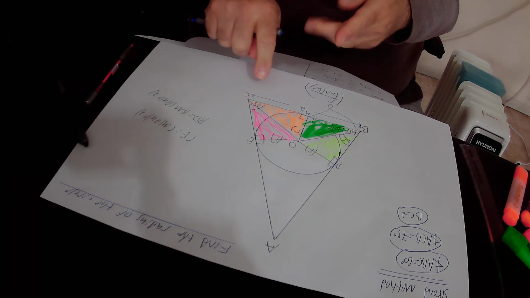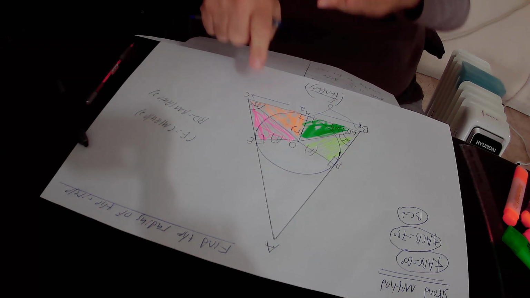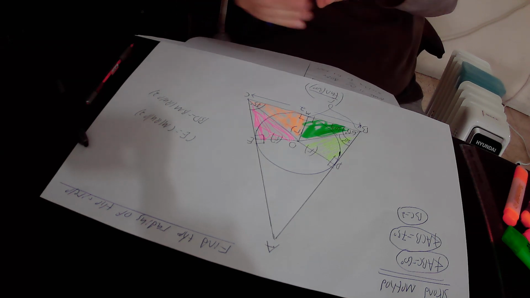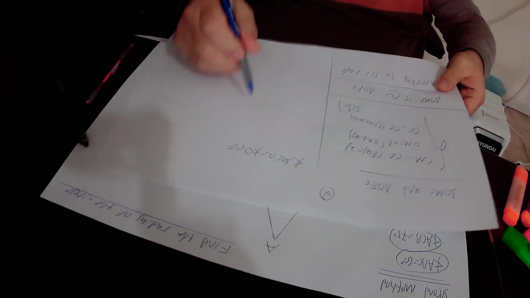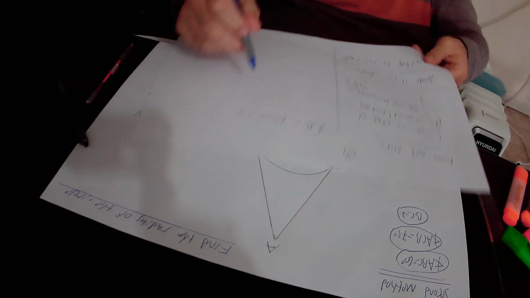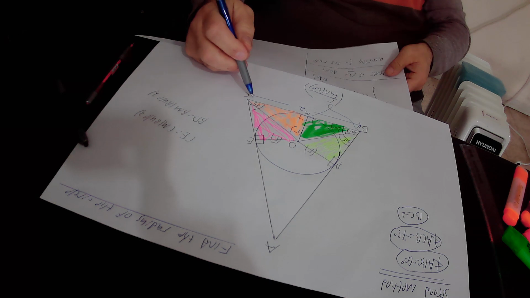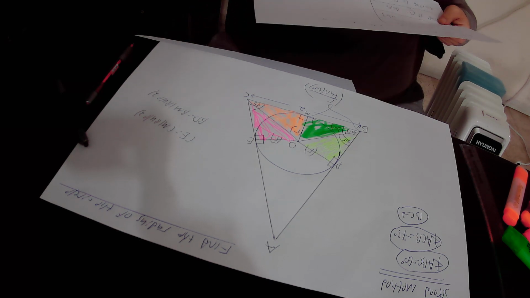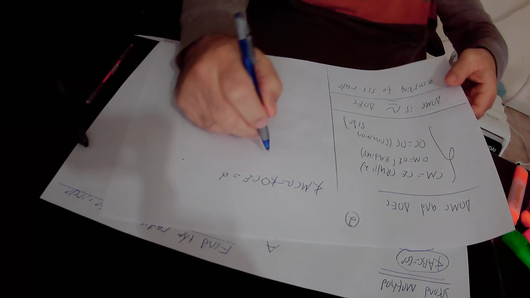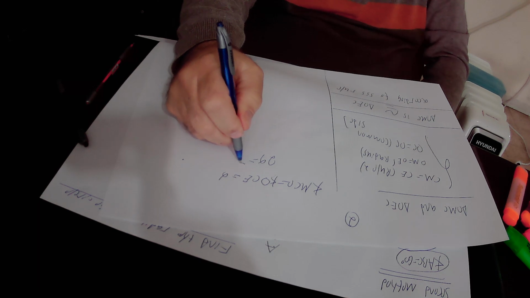So if we define one of those angles as alpha, then the other angle must also equal alpha because they are equal to each other. Okay? So alpha plus alpha must equal 75 degrees according to what is given in the question. That is to say 2 alpha equals 75 degrees.